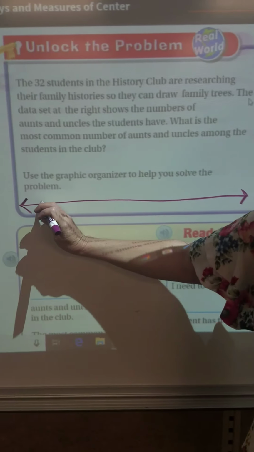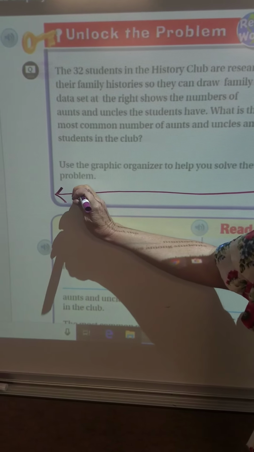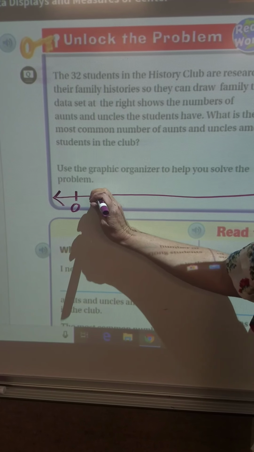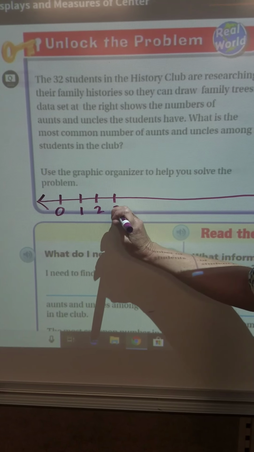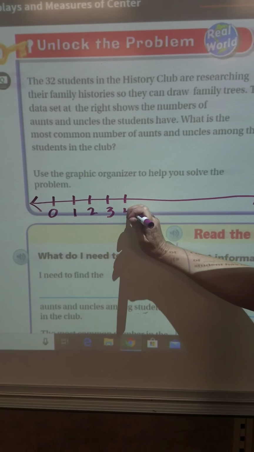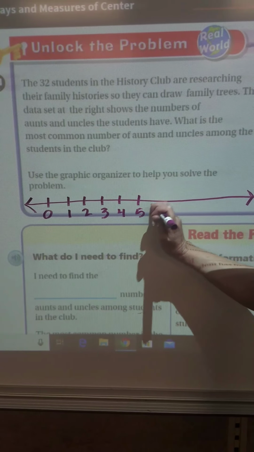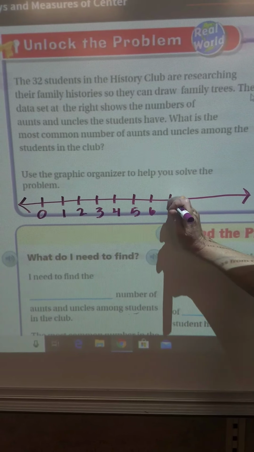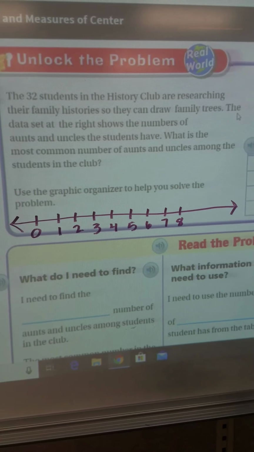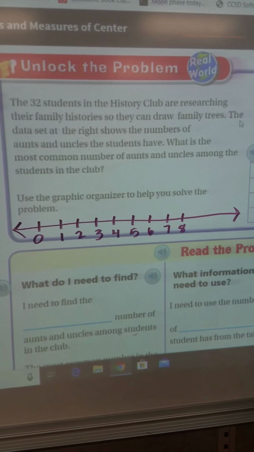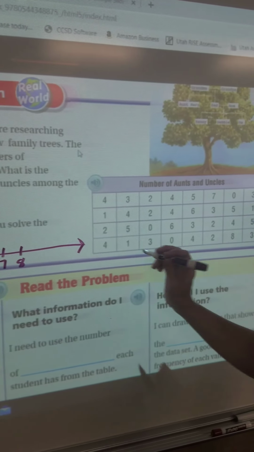So on my number line, my smallest number is going to be 0, and then I need to go up to at least 8. And I'm pretty lazy, so I'm just going to do 8. So there's my number line, and now I'm just going to start adding dots.